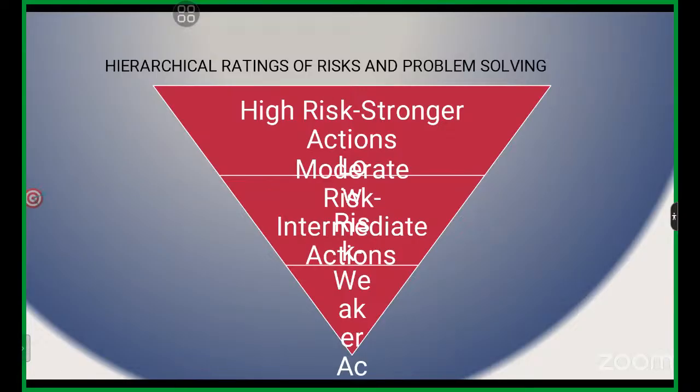So when we have high risk, we need to take stronger actions. For moderate risks, we need to take intermediate actions. For weak or low risk, we need to take weaker actions.